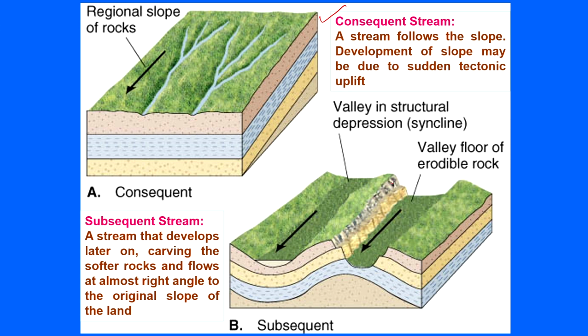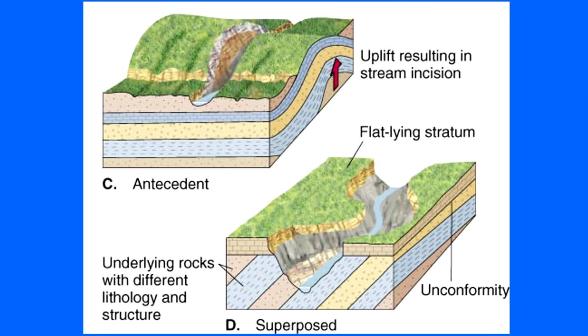The slope we see here, this is the topography we have. The slope is in this direction because this is unfolded terrain, and then we have the slope here, this is a valley here. But if there is erosion taking place here, almost at right angle to the slope, such streams are termed as subsequent streams.